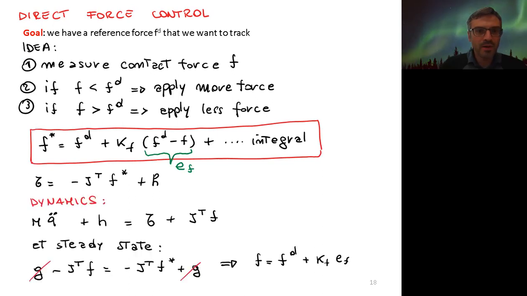So you remember Octavio started to introduce the ways you can control interaction. There are active methods and passive methods.